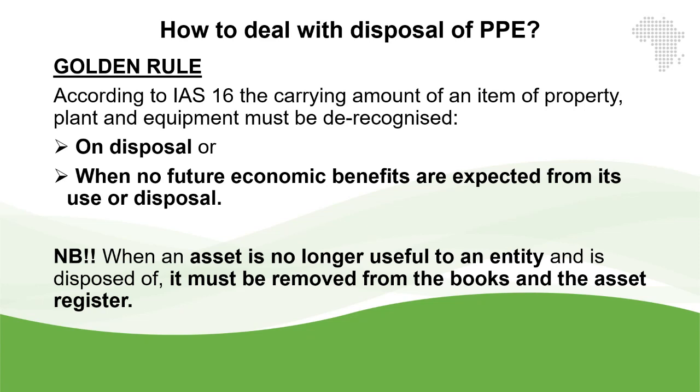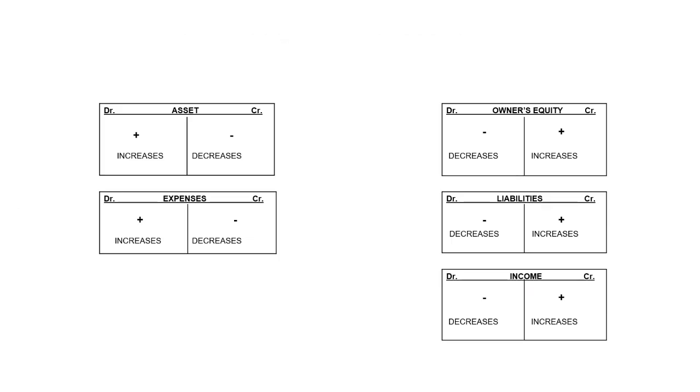So here, what I want us to reflect a bit on is our basic accounting equation, but the priority I want us to give is to the asset. We said an asset, in terms of the basic accounting equation, increases on the debit side. So when we bought the asset, we debited it on the asset account. But now we are dealing with a disposal, so we are selling it.